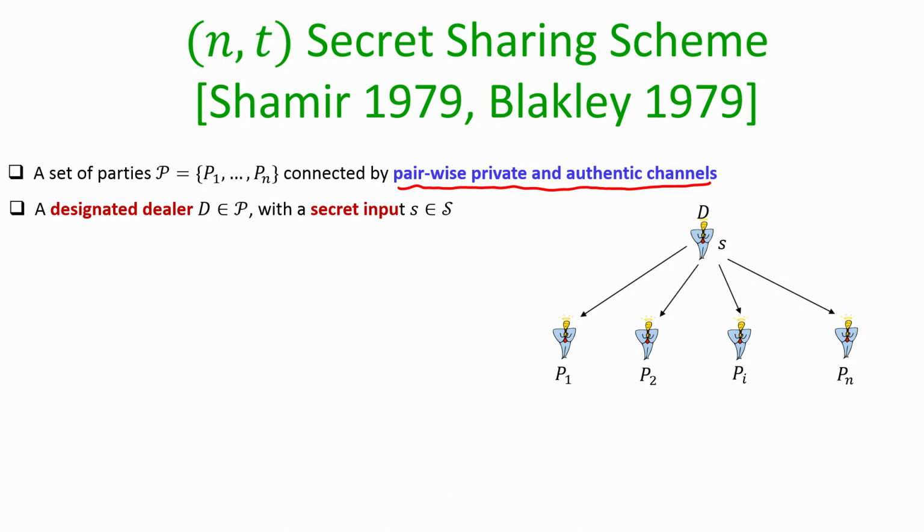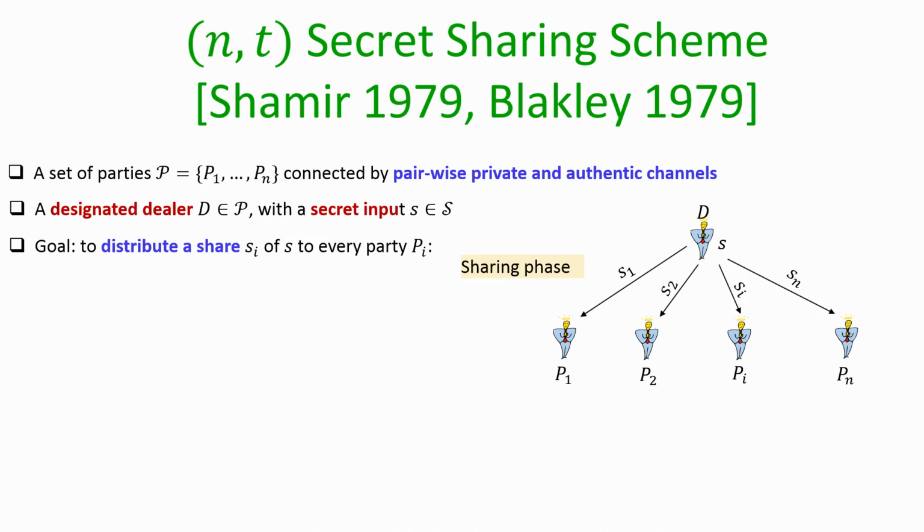Now, apart from these n parties, we have a designated party among those n parties, and everyone will know the identity of that party. It is called the dealer, and the dealer has some private input, a secret little s from a bigger space, which is the set of all possible secrets. The goal of this dealer is to distribute its secret among the n parties by computing a share Si for each party and giving a share to each of these parties.